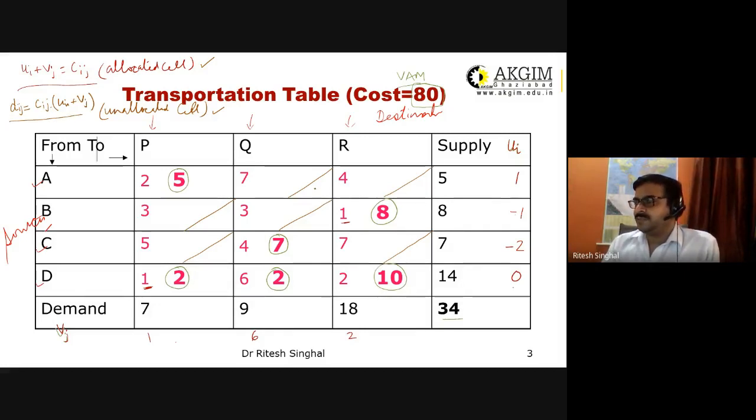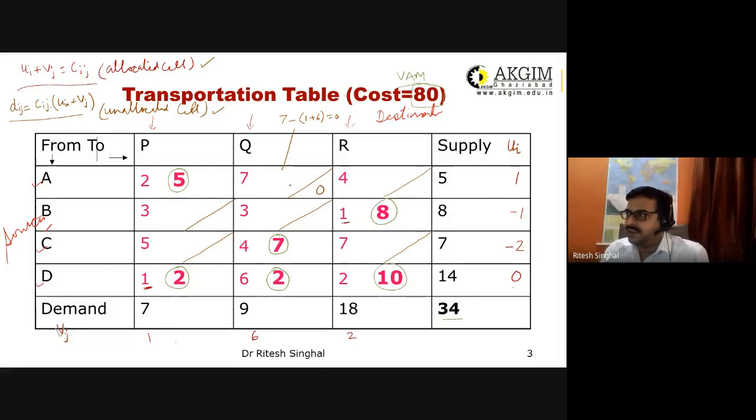So for this value, what is the value of Dij? Cij is 7. I have to write it here like Cij is 7 minus (1 plus 6), 1 plus 6, that is 0. So this is to be written as 0. So how do we do this?